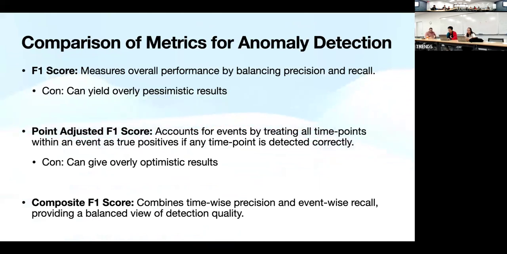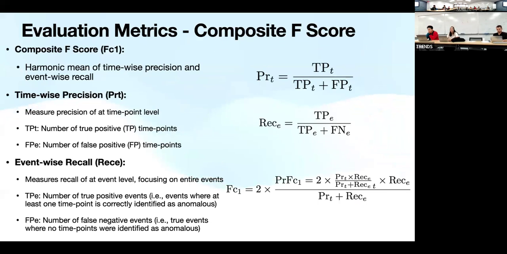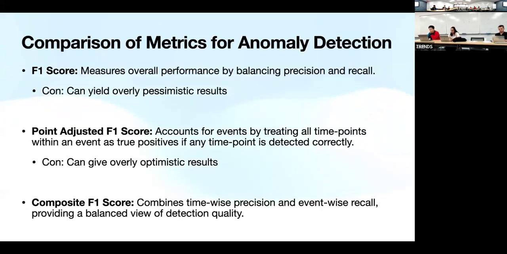So these are some of the other metrics that they used. They're using the regular F1 score, which basically measures the overall performance by balancing precision and recall. One of the cons here is that it can be overly pessimistic. I think it depends on the true positives and these formulas here. Another one that they're using is the point adjusted F1 score.